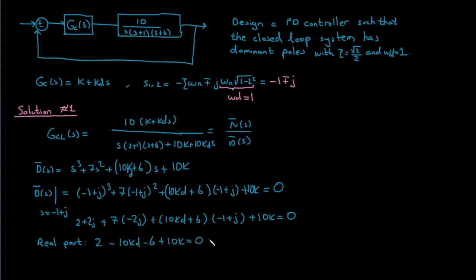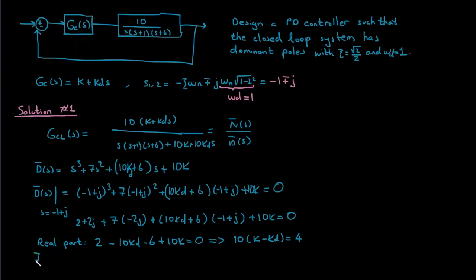So I do have from there 10 times (k minus kd) is equal to simply 4, right? Okay, so that's the first equation.